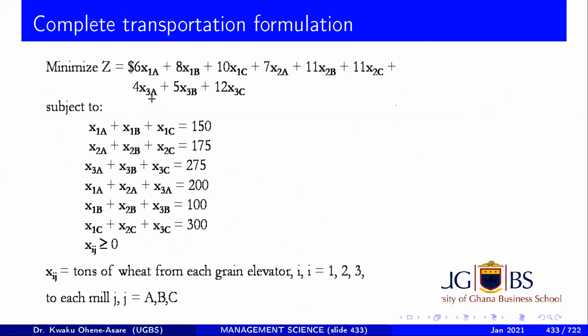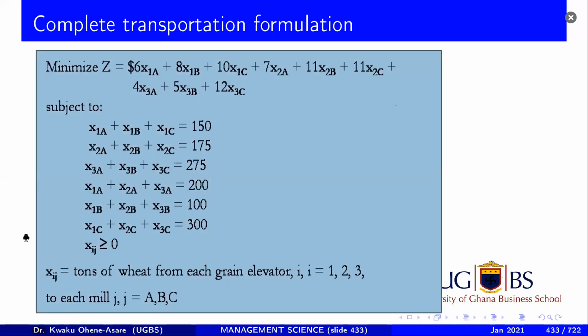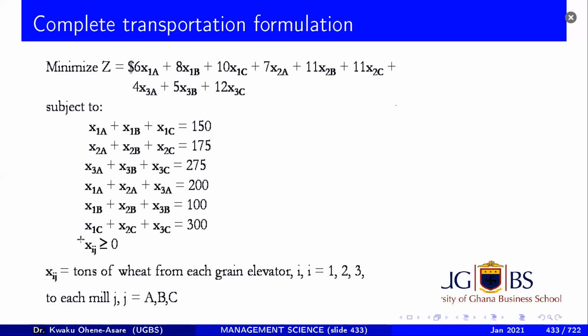So you have your maximize, subject to all of the 6 different constraints. Of course, there's one more constraint you should never forget, the non-negativity constraint. If you look at this, the non-negativity constraint is here.